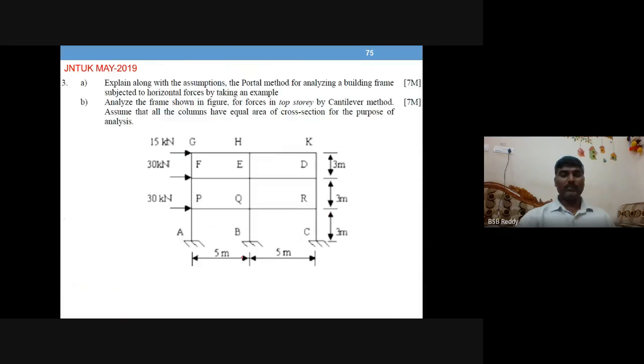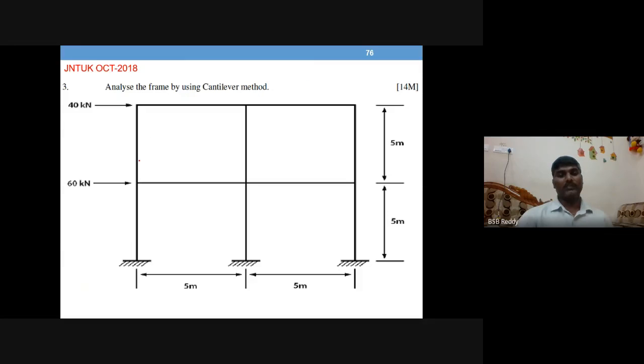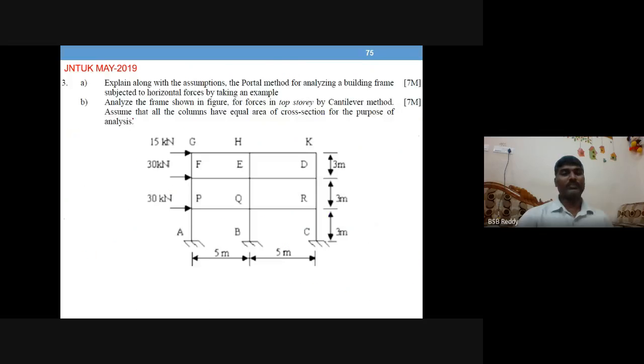So let us see the other questions that have appeared and try to solve them. Practice them at home, so that you get the confidence. This is a JNTUK May 19 question. Just go through the questions. Explain along with the assumptions the portal method for analyzing a building frame subjected to horizontal force by taking an example.